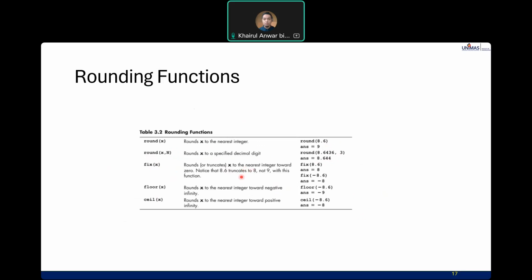Notice that 8.6 truncates to 8, not 9, with this function, because it rounds to the nearest integer toward 0.